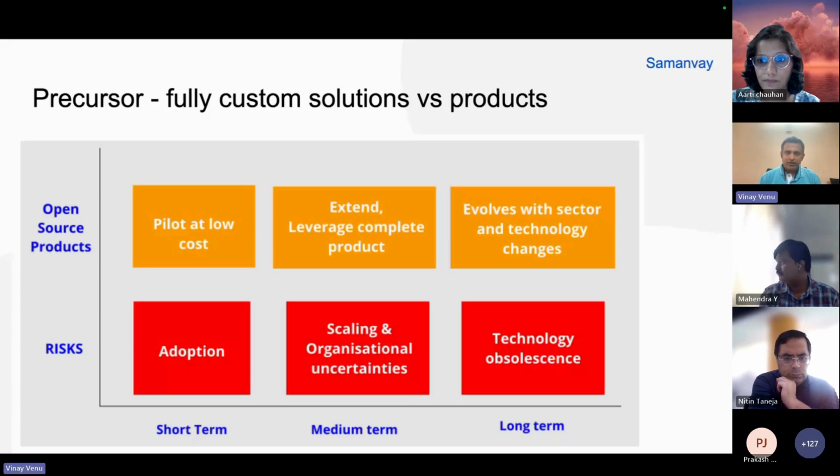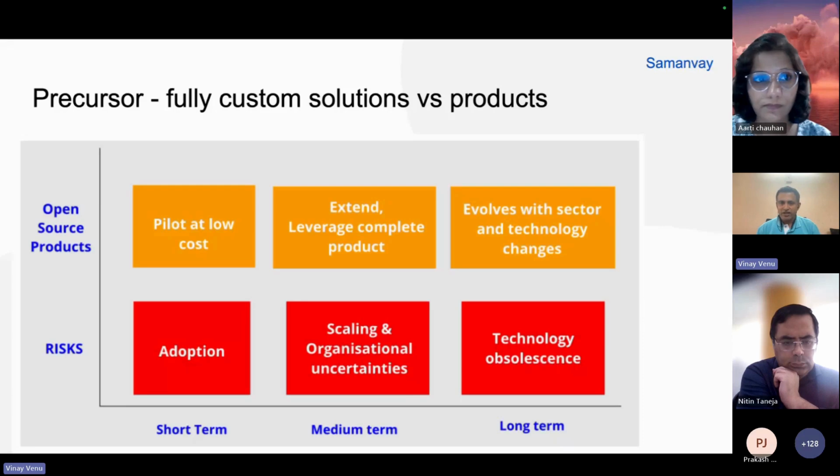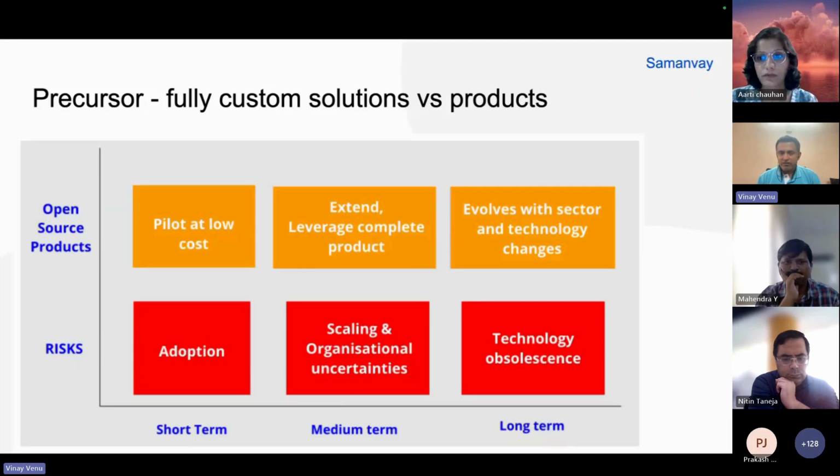In the medium term, what you would need is slight modifications in your organizational structure. You might be expanding to a new state. You might be changing your program in between. So those are the kind of problems you'll face in the medium term. In the long term, what you will face is whether your technology is still relevant or not.